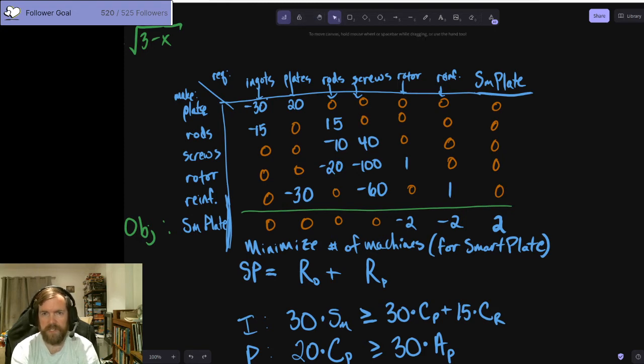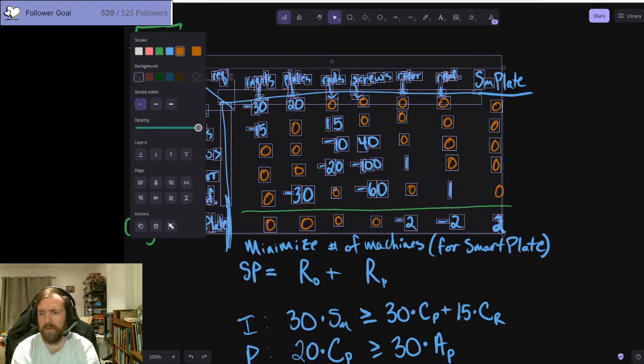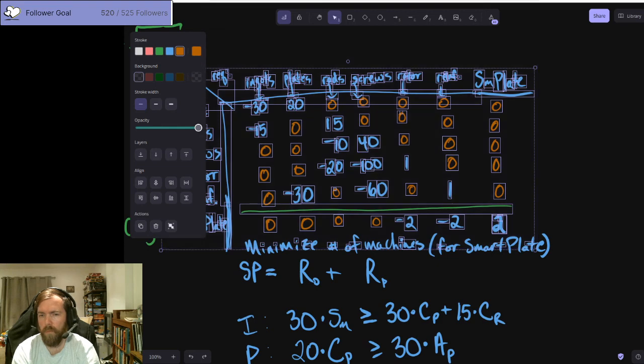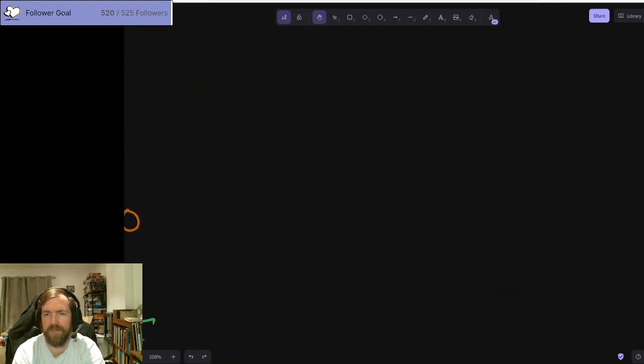So I don't know exactly how to express this, but we're going to attempt to do something anyway. So we'll take this whole table and just go up here somewhere.